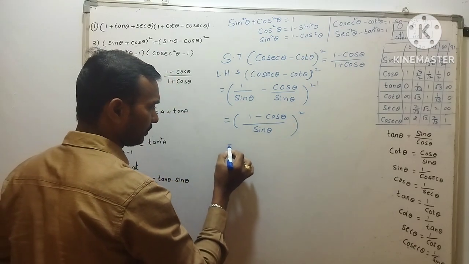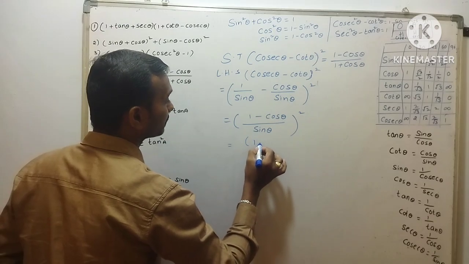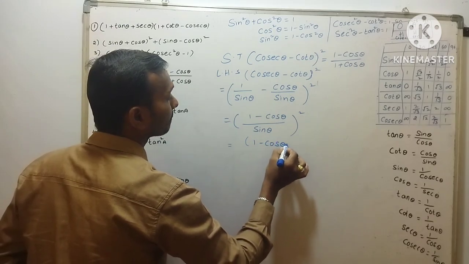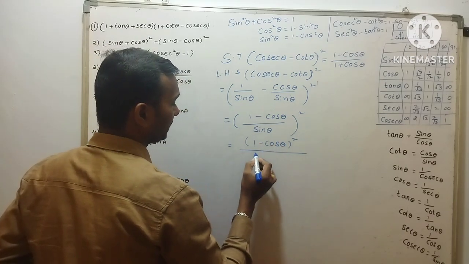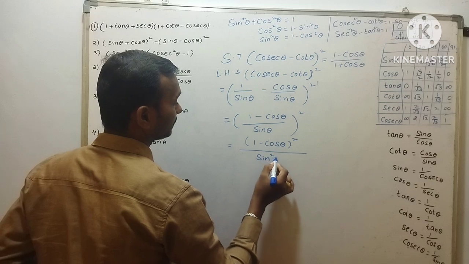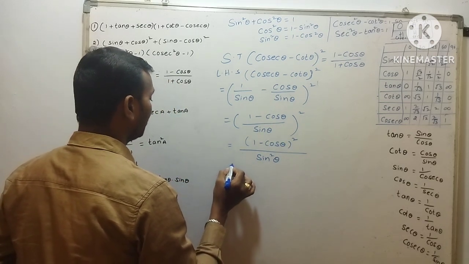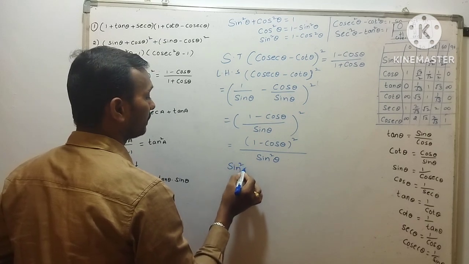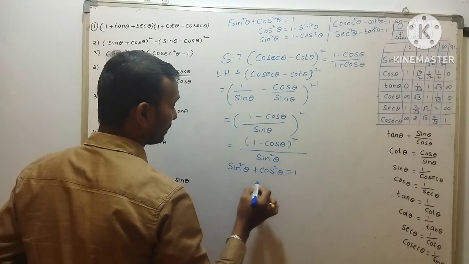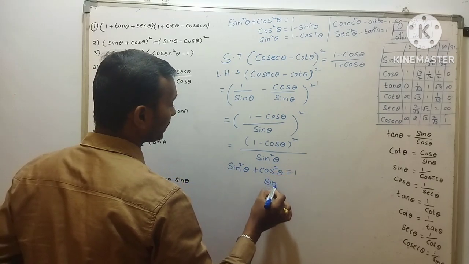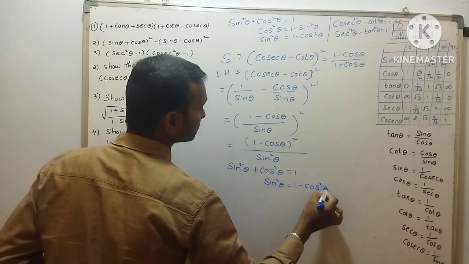Now you write separately for numerator and separately for denominator. In the denominator it is nothing but sin square theta. Now we have an identity, sin square theta plus cos square theta equal to 1. From this we can write sin square theta is nothing but 1 minus cos square theta.